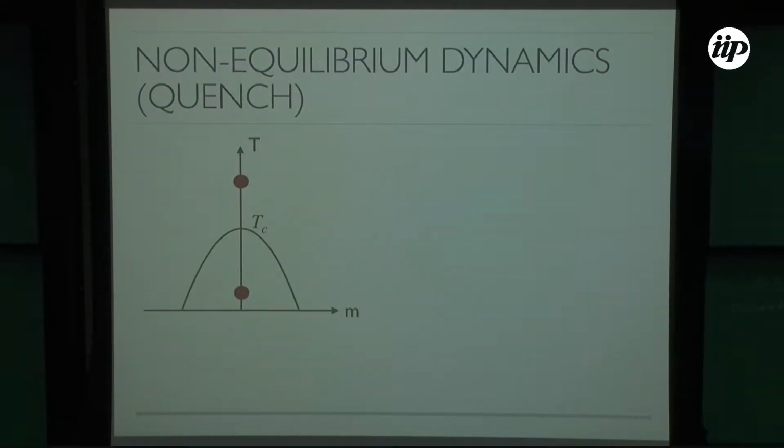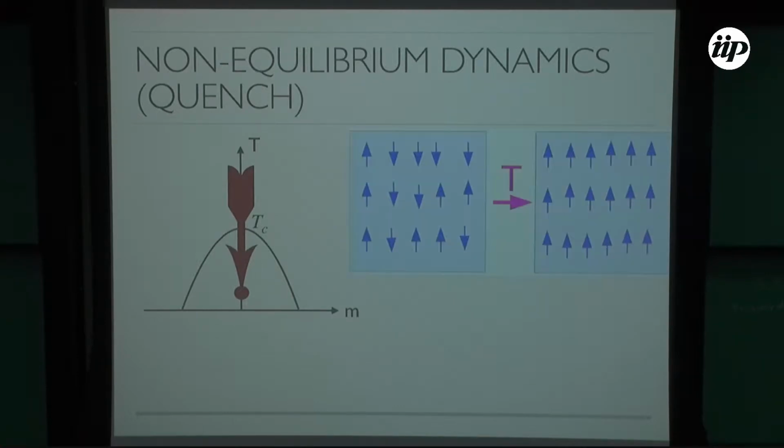Okay, so what I will talk about is the dynamical process that occurs when you prepare your system at high temperature and then you quench it to a temperature below the critical one. Okay, so in this case, the system is prepared disordered. Let's say spins are disordered, and then they have the problem to go to an ordered state.